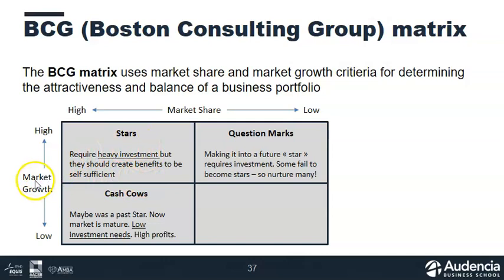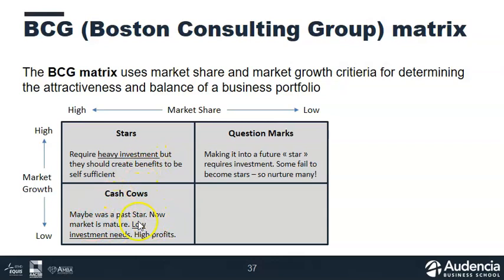The market growth decreased, so the market started to slow down. And because they've got this brand value, the existing clients that are still in this mature market now stick with this company. So it's a mature market. I've got a brand that works, and I can beat all of the other competitors. This is a really nice position to be in. It was probably a past star. The market is probably mature.